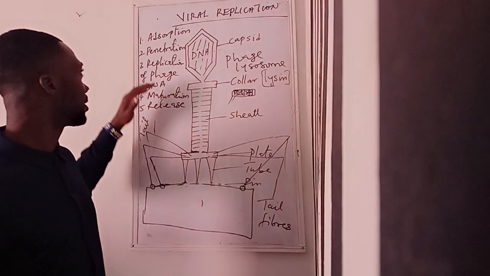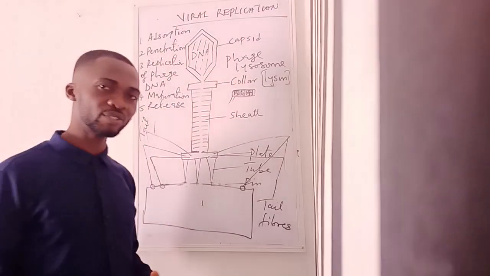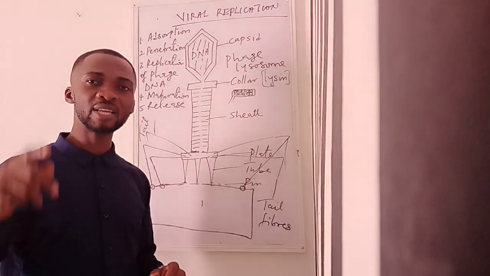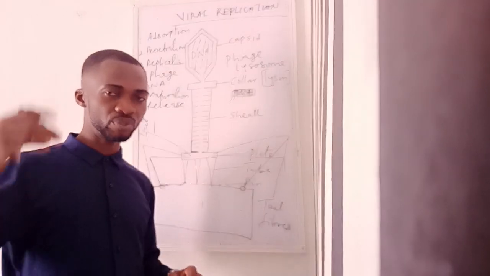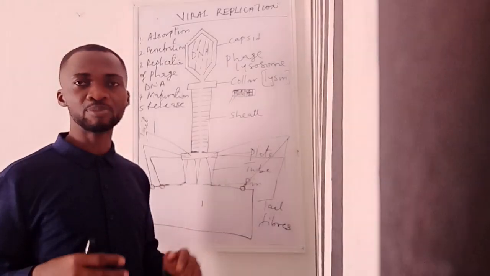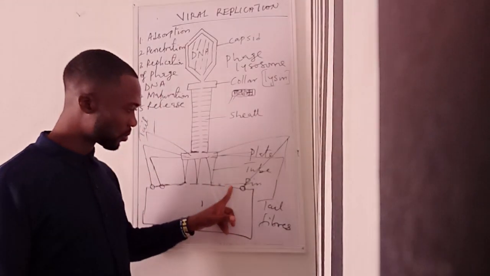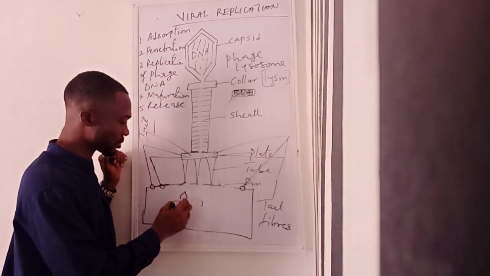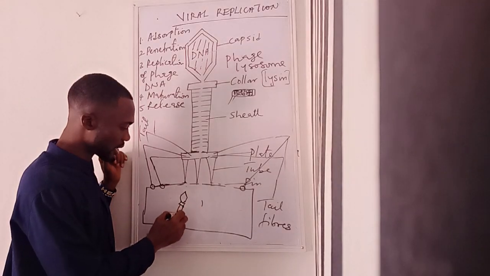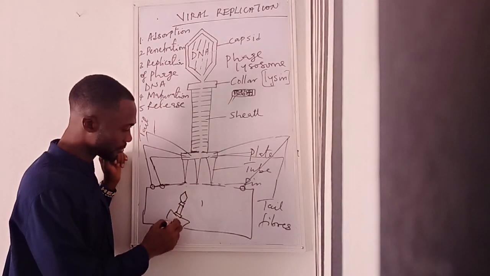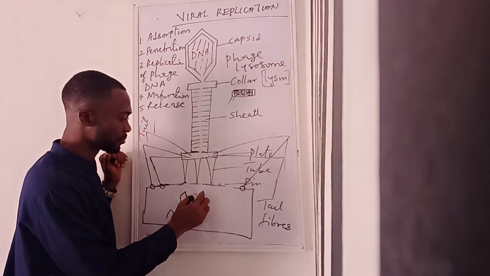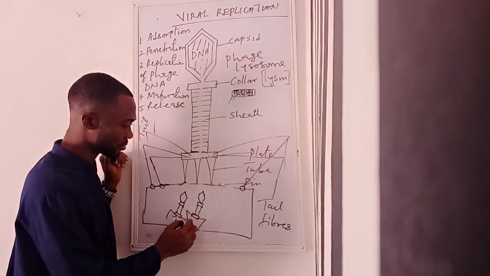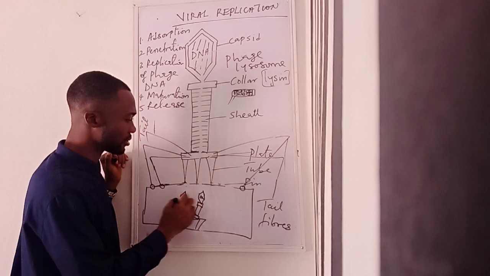Once this is done, the next thing that happens is release. That is the last stage. At release, the same phage lysozyme that was released at the second stage, which is penetration, will now be released again. Don't forget that at the maturation stage, full viruses are formed already. This is the DNA.